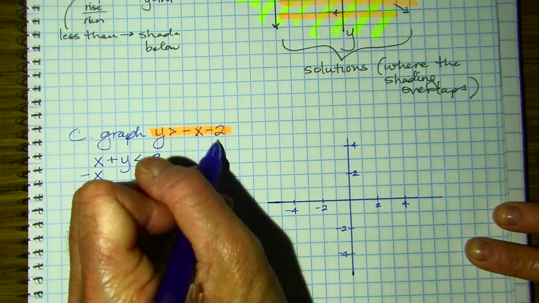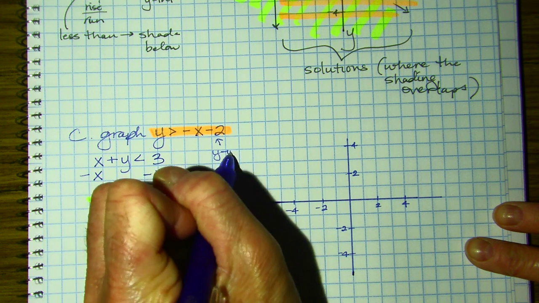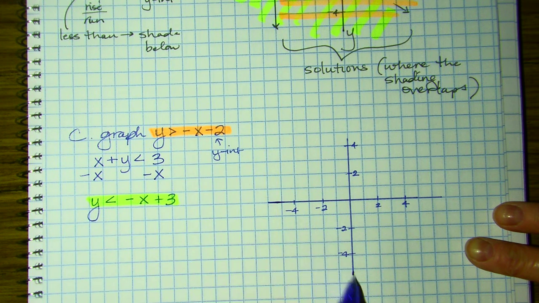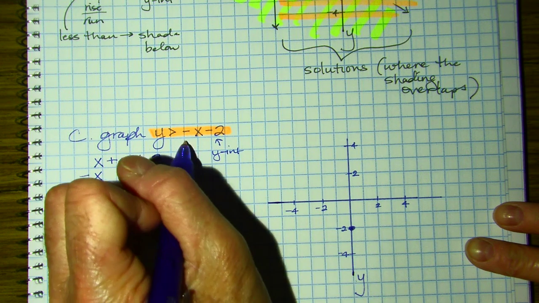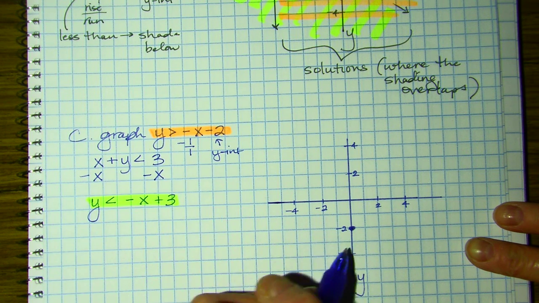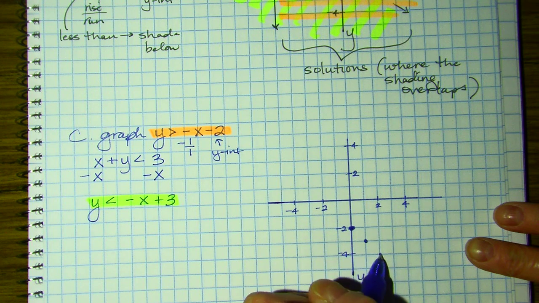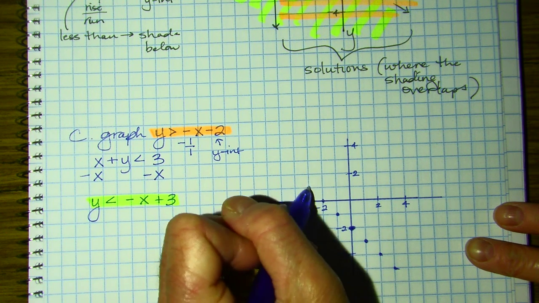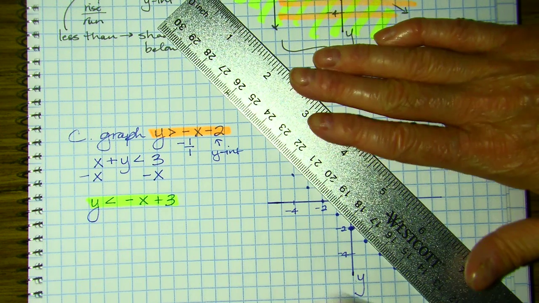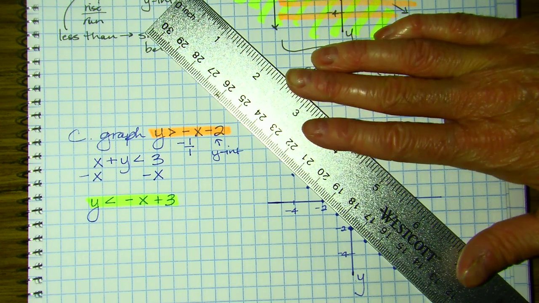I have a y-intercept of negative 2. So on my y-axis, I have a point at negative 2. My slope is negative 1 over 1. So down 1 to the right, down 1 to the right, down 1 to the right. And I'm going to go in the reverse, keeping that slope of 1 over 1. And I have a dashed line.